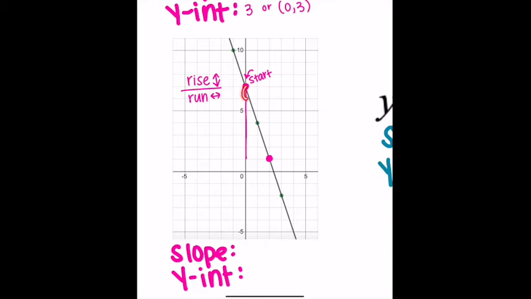I went down 1, 2, 3, 4, 5, 6. So I went down a total of 6, so that's a negative 6. And I'm going right 1, 2. So that's a positive 2 because I went right. So down 6, right 2.